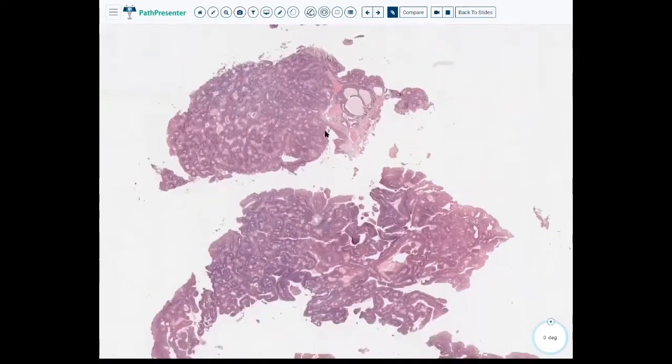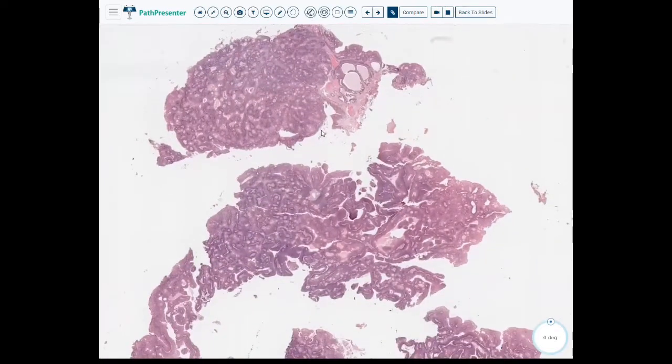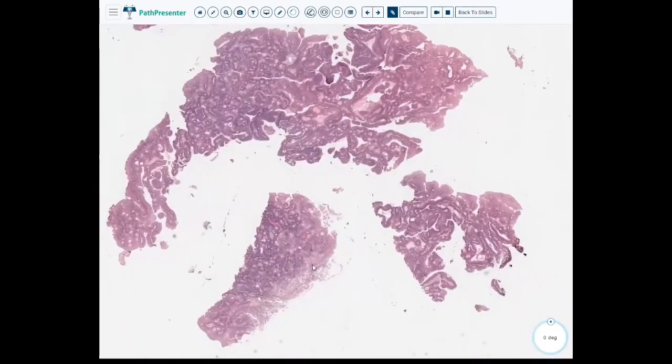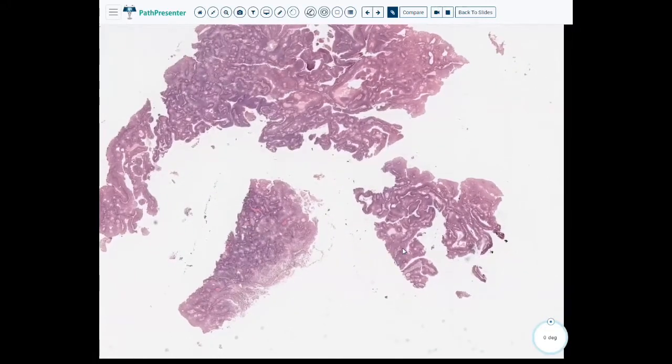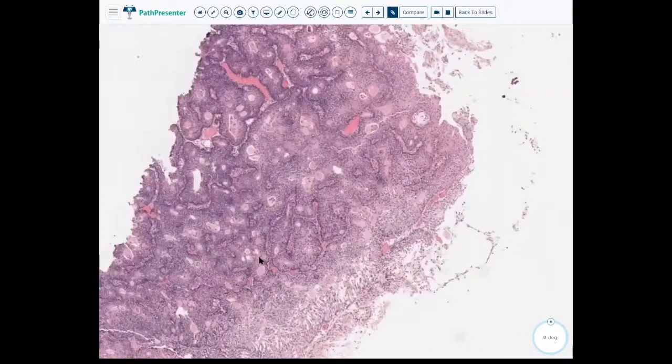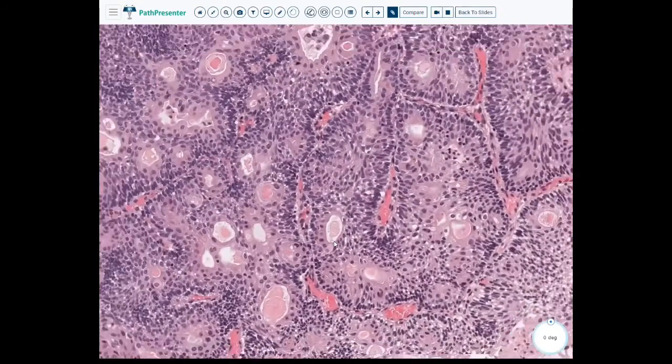So remember, when you don't have detrusor muscle present on a biopsy, although this looks more like a transurethral resection of bladder tumor or TURBT, not having the muscle present is something that you need to mention in your diagnosis line, so that they understand that you can't really evaluate those areas of the bladder.